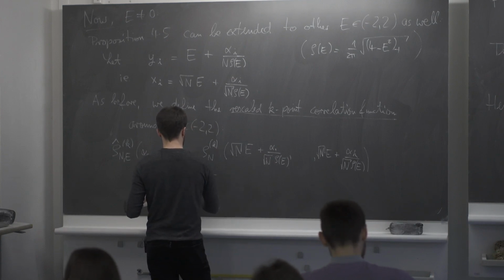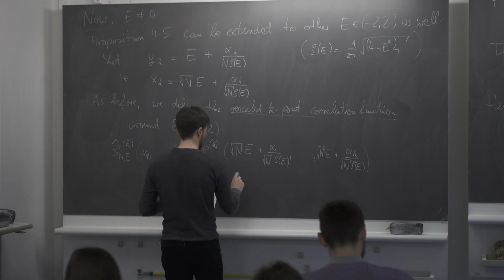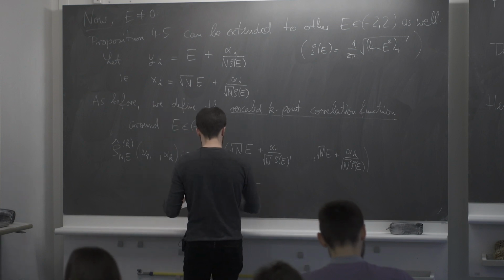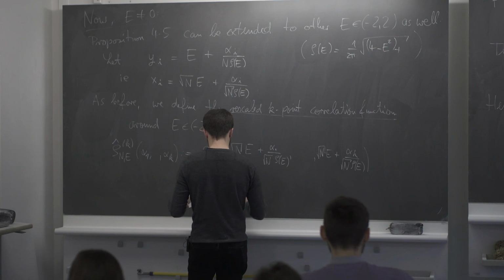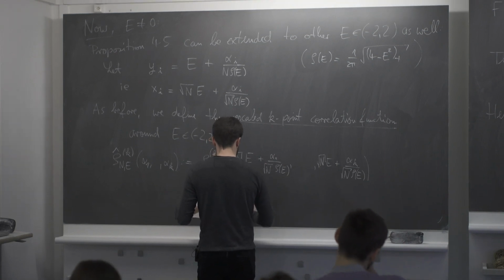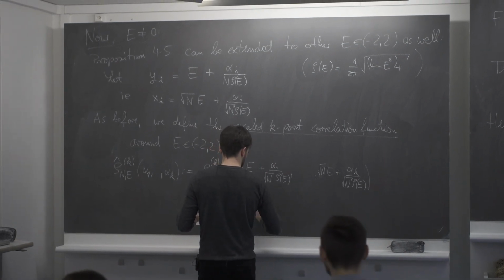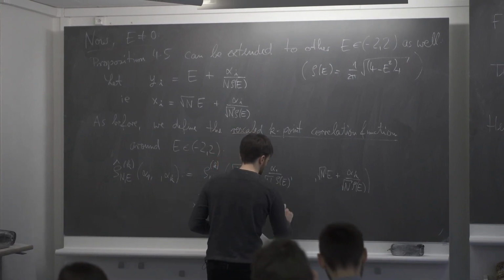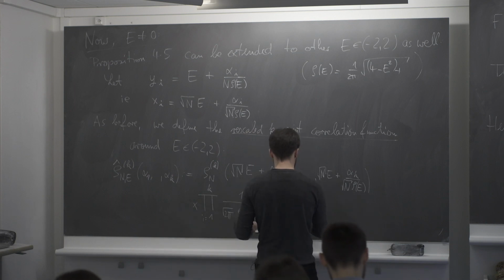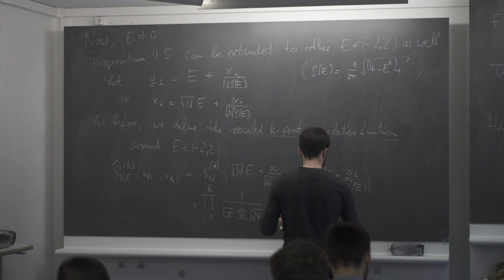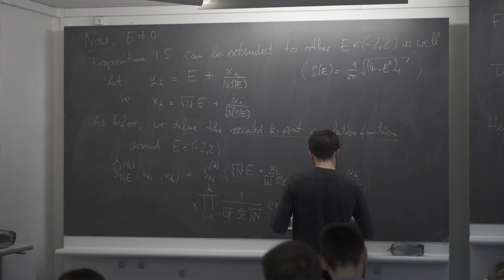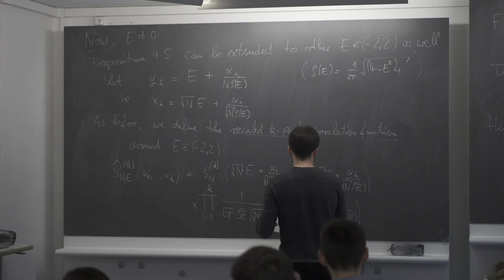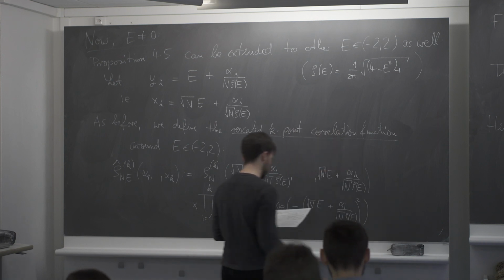So this is times the product 1 divided by 2 pi, the normalization of the Gaussian, and then there's the rho of e square root n from the rescaling, and then I have the Gaussian weight plus alpha i over square root n rho of e, and this thing squared.